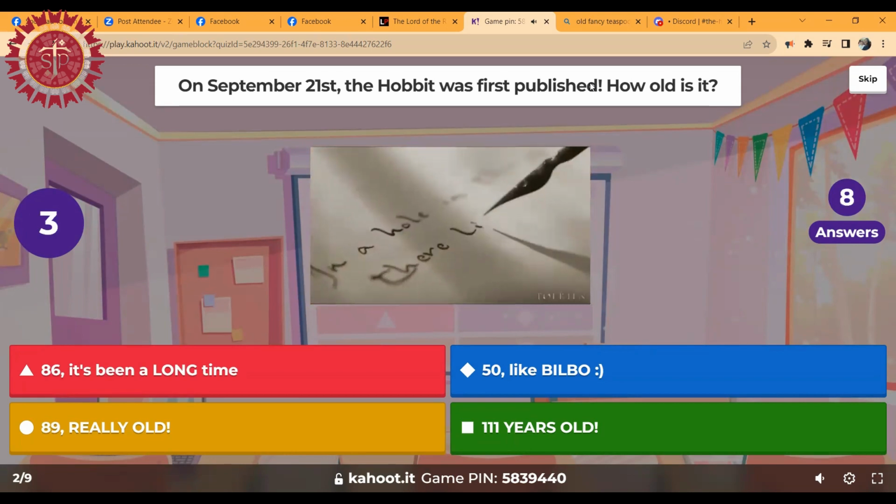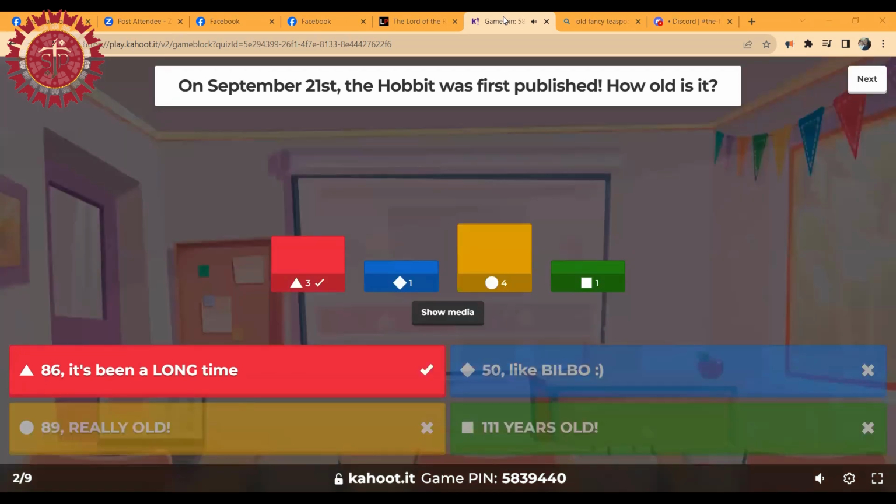Come on, just wait. Rennie, did you come? Yeah, you're here. It's 86, people. Oh, gotcha. Well, the 9 and the 6 can be similar, so it's 86.